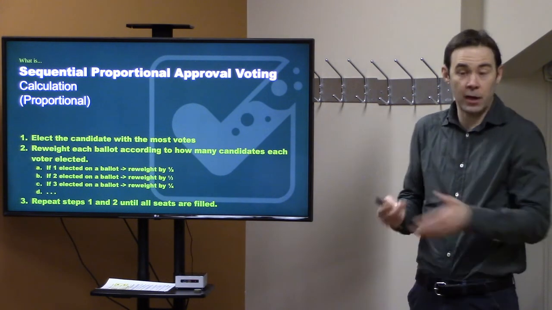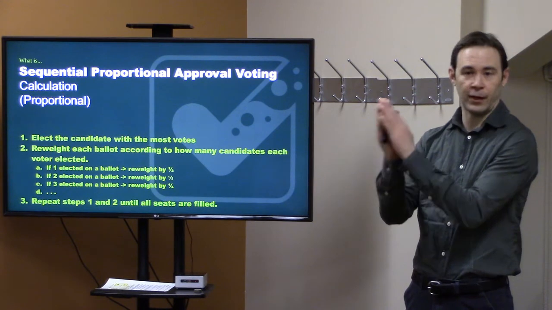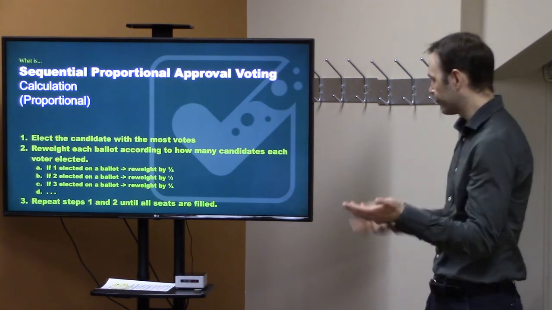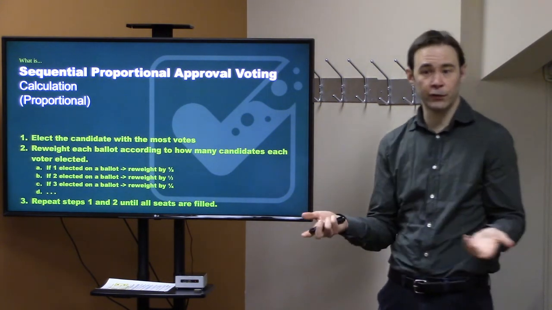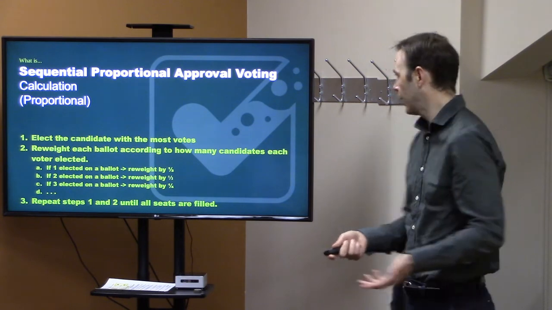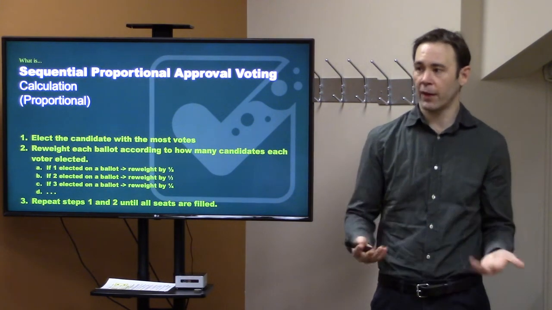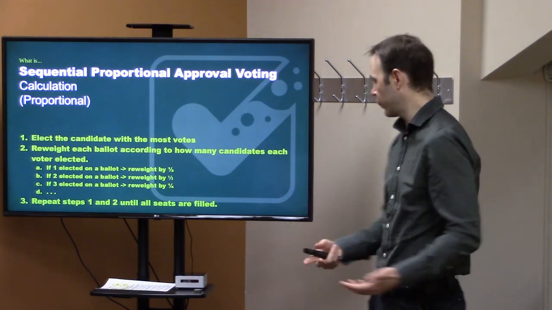Which is nice because you also know that you get one candidate who is a solid approval voting winner, who tends to be a more consensus style candidate. So that's a plus right off the bat. So let's say that first candidate is someone that you got elected. That means that your ballot needs to be reweighted so other people have a chance to get their say. So we get that proportional outcome that we're shooting for.